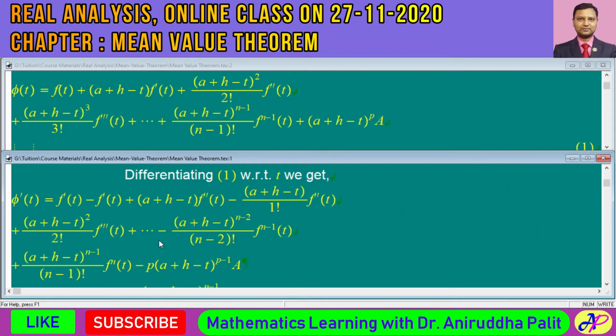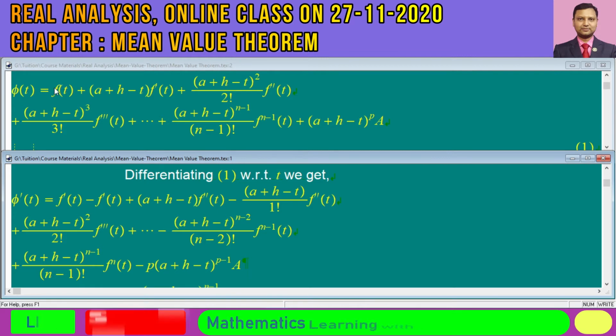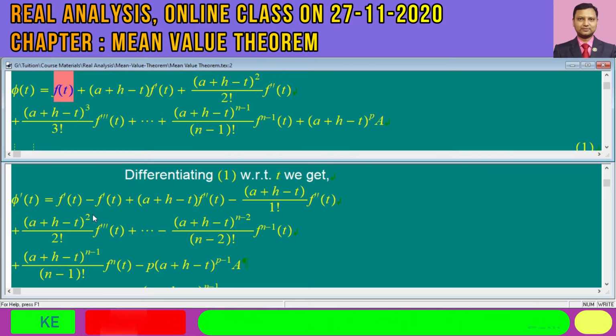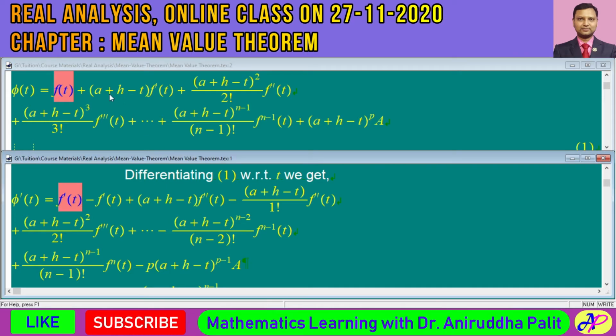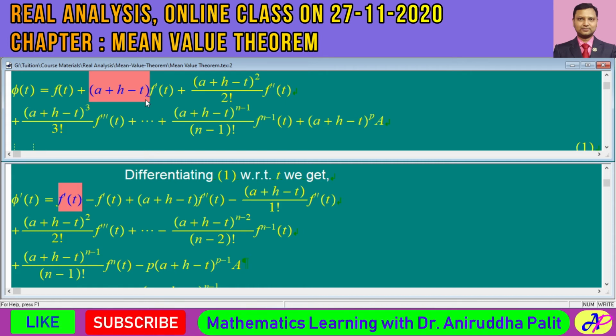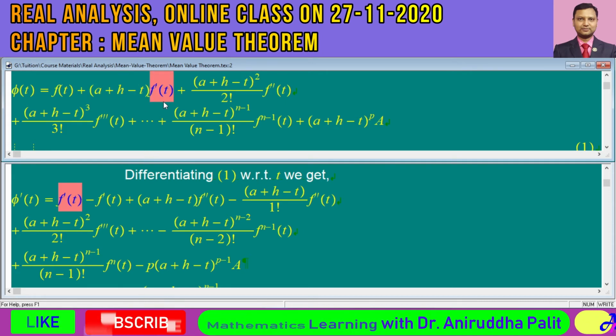You see over here, in this function phi, the first term is f of t, so its derivative is f dash t. The second term is actually the product of two different terms, so we need to differentiate it by parts.